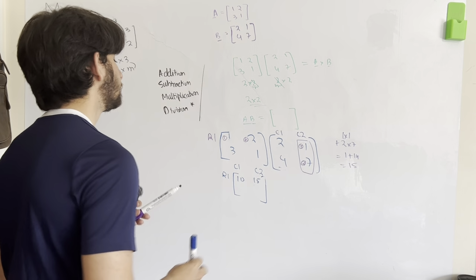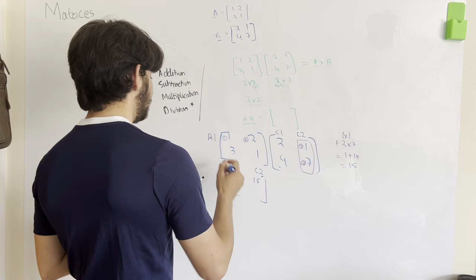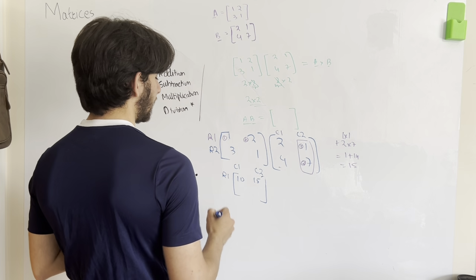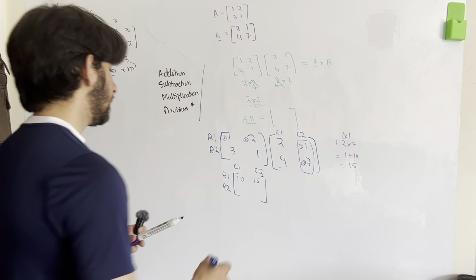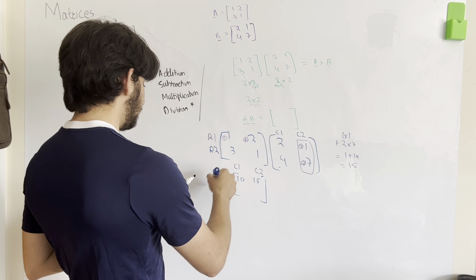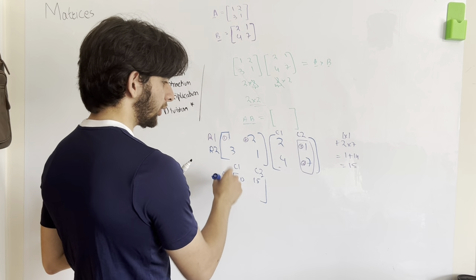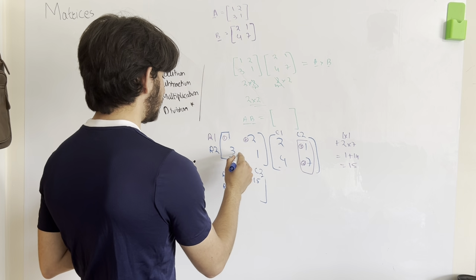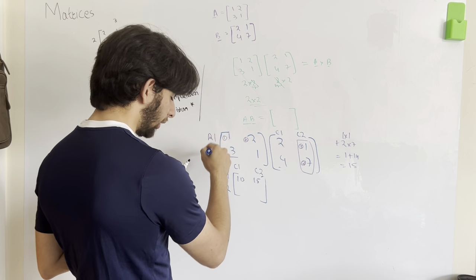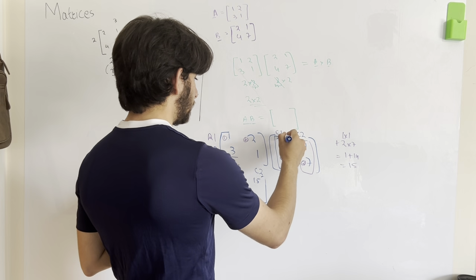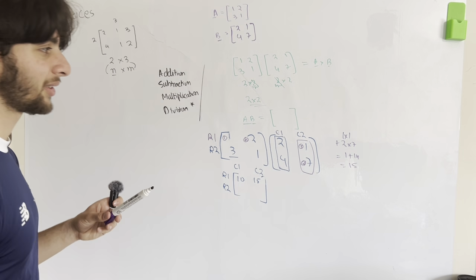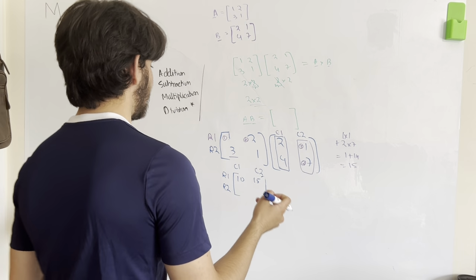Now, I've got my second row to look at as well, because now I have to work out every element in the second row. So to look at the first column of the second row, I'll look at the second row over here, and the first column over here. So you can kind of see it's a very, very monotonous task, very tedious.